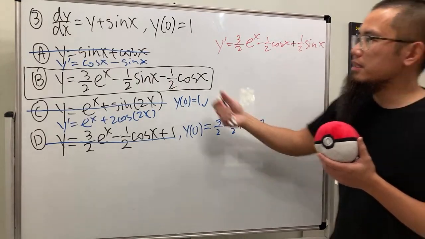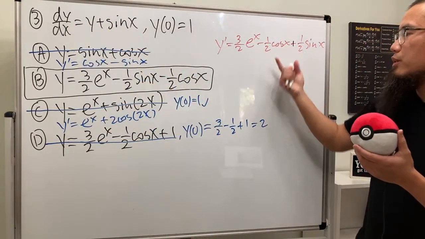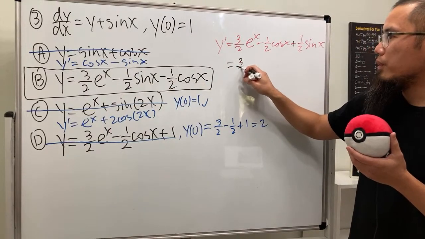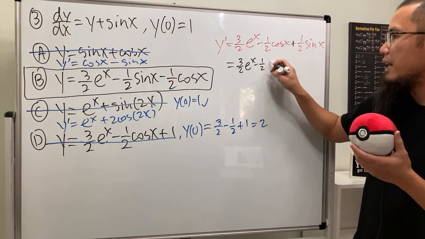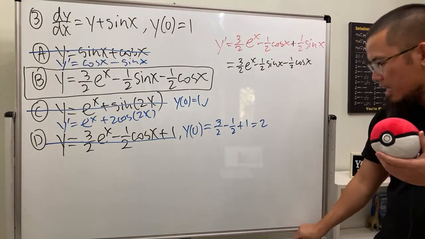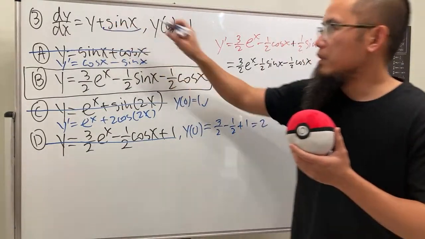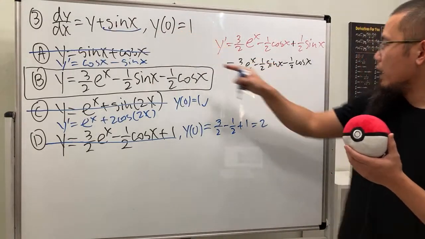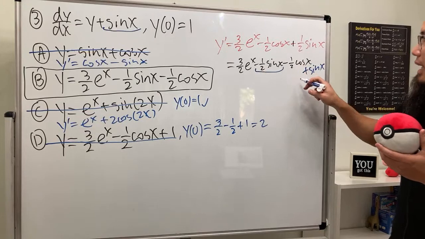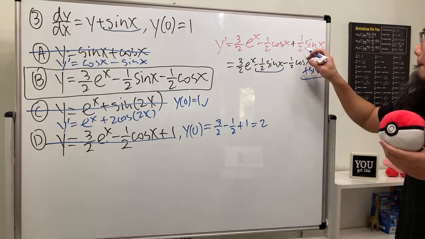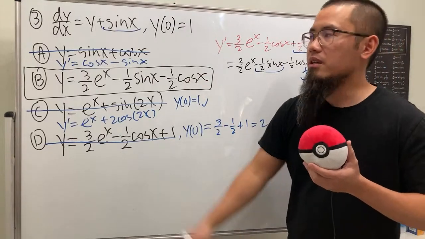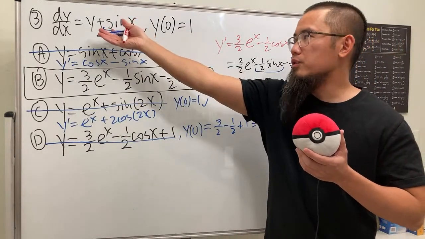If you put this to the left, this is equal to y, which is 3 over 2 e to the x minus 1/2 sine x minus 1 over 2 cosine x. And then we have this sine x. If you add that sine x right here, this and that together give you positive 1/2 sine x. So this right here is indeed correct because it satisfies the differential equation.